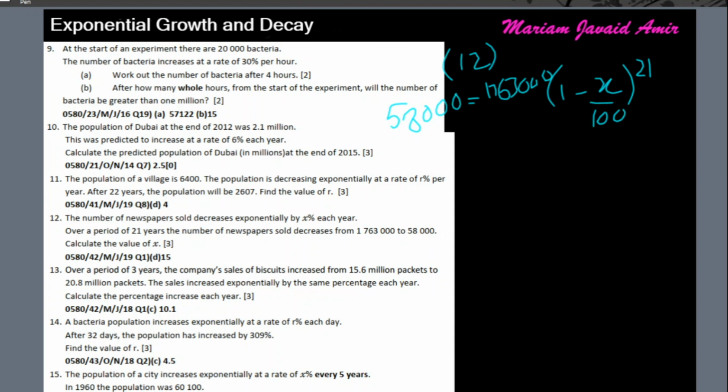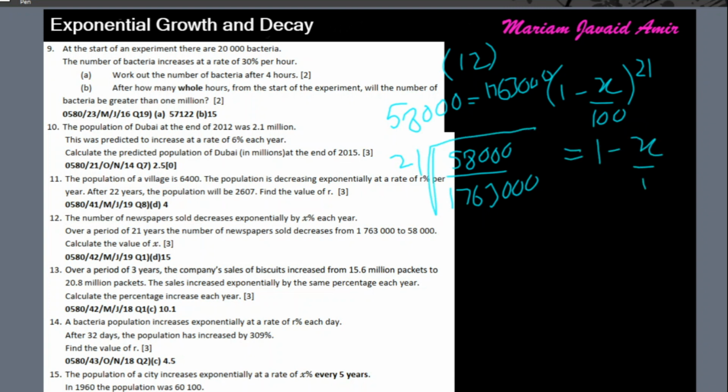So pretty much the same question. First divide 58,000 and 1763000, then take 21st root of that. That would be equals to this. So let me do that. 58000 divided by 1763000, and then I'll find 21st root of answer.